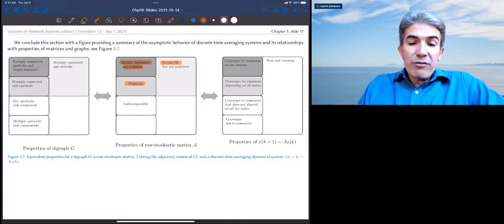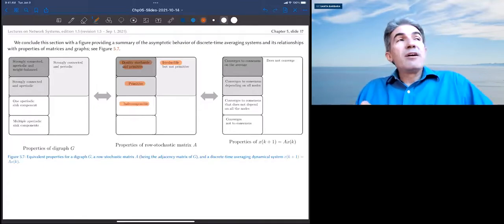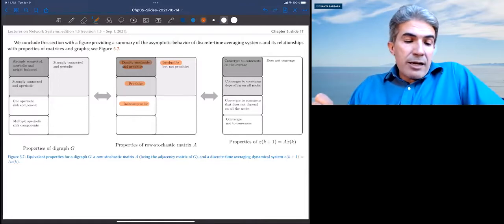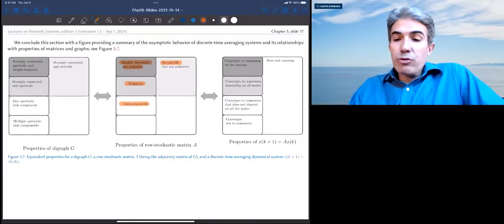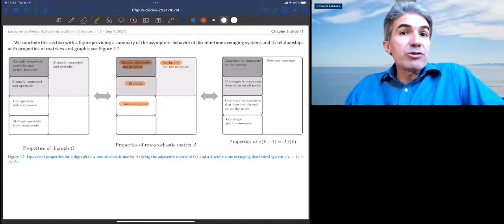Other matrices which I've introduced today are indecomposable because they're not irreducible, but then it is possible, when you take the powers, one of the columns becomes positive, right?